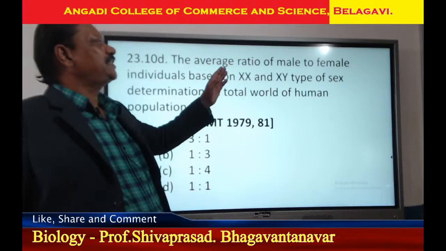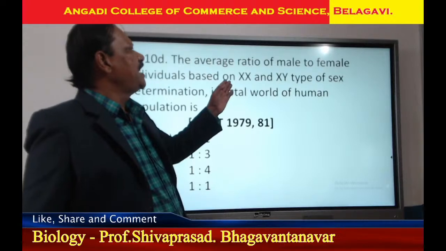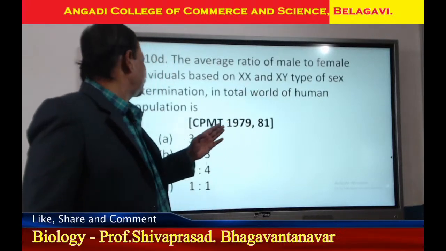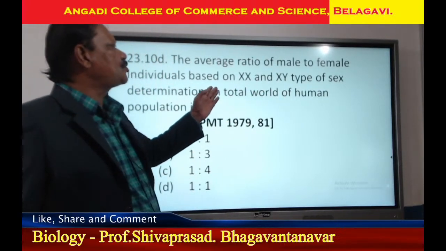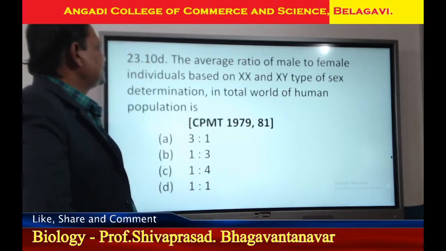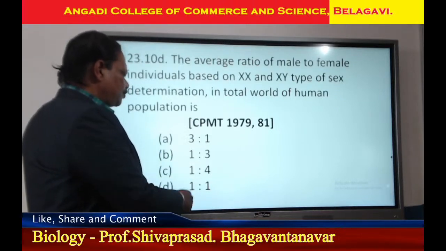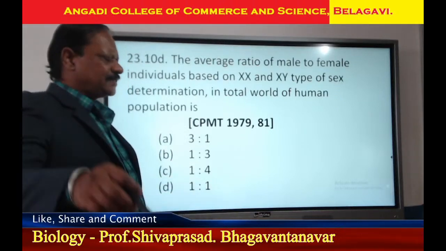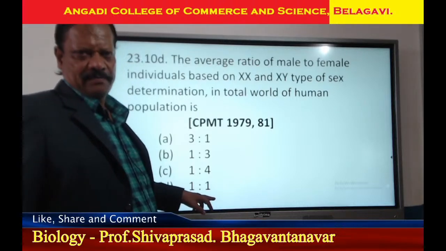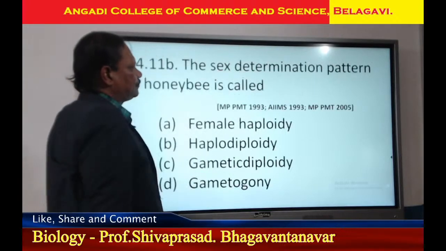The average ratio of male to female individuals, based on XX and XY type of sex determination in the total world human population, is: 3:1, 1:3, 1:4, or 1:1. The right answer is option B, 1:1. We'll move to the next.